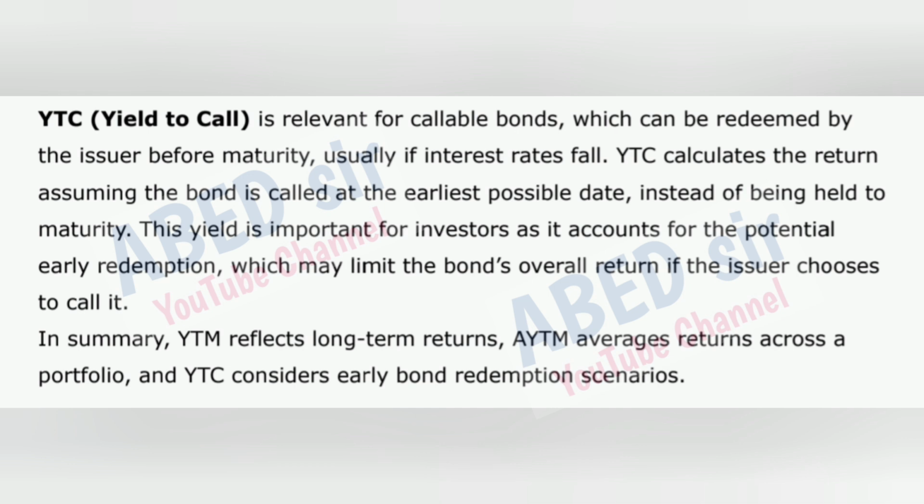This yield is important for investors as it accounts for the potential early redemption, which may limit the bond's overall return if the issuer chooses to call it. In summary, YTM reflects long-term returns, AYTM averages returns across a portfolio, and YTC considers early bond redemption scenarios.